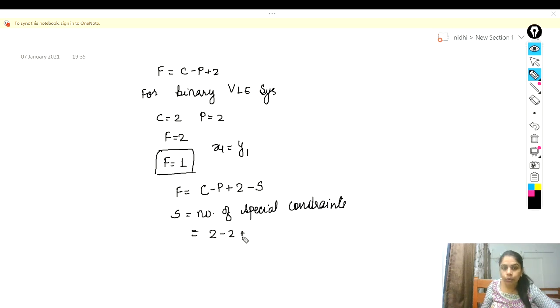Phases are 2, plus 2, and the special constraint is that azeotropes are forming. So this is your special constraint because the mole fractions are the same. And then your degree of freedom becomes F is equal to 1 in this case.